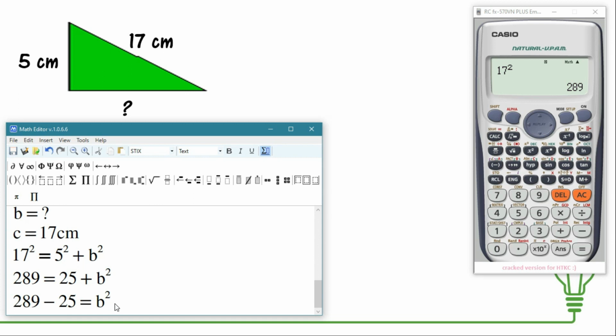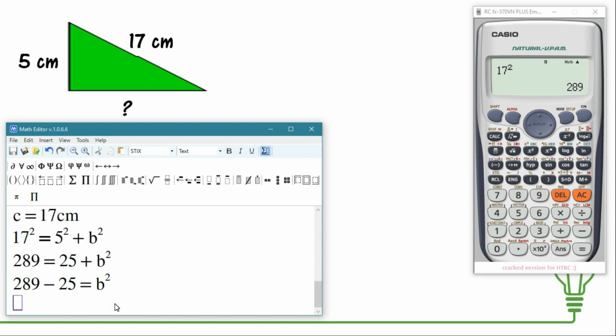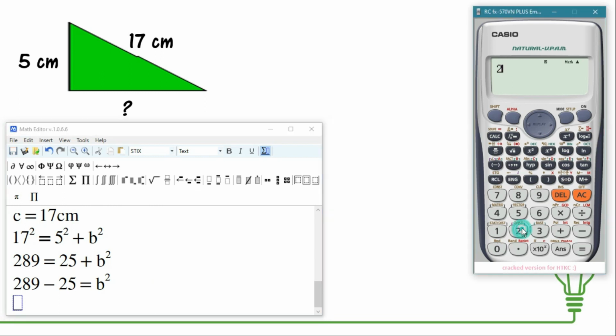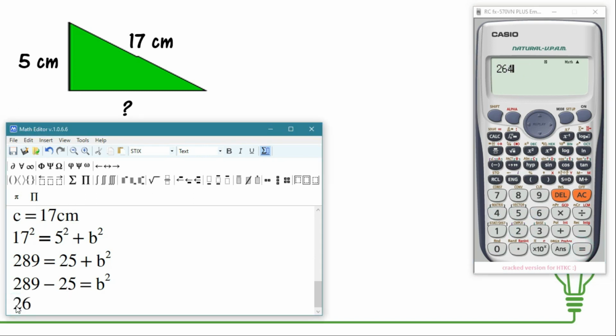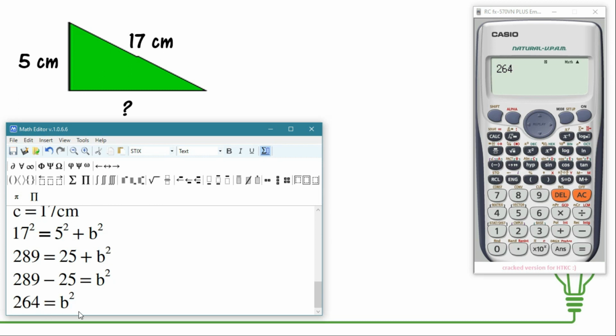Okay? And next, again, simplify what is to be simplified. What is 289 minus 25? That will be equivalent to 264. Okay? 264 equals B squared.